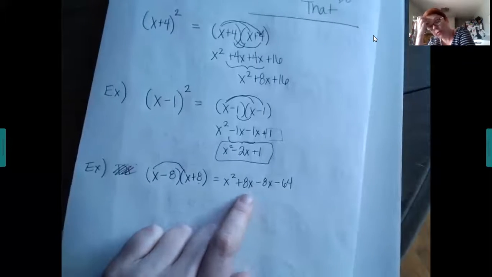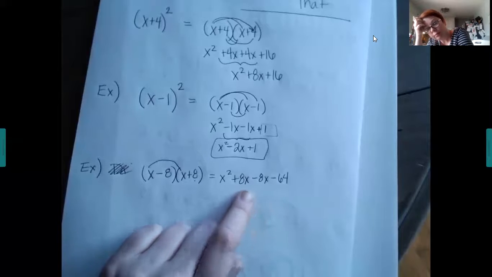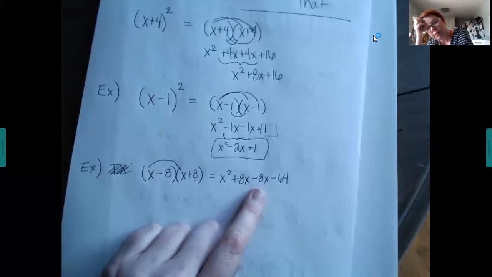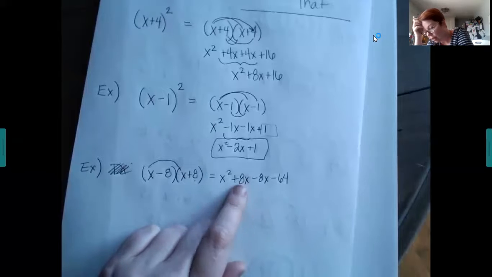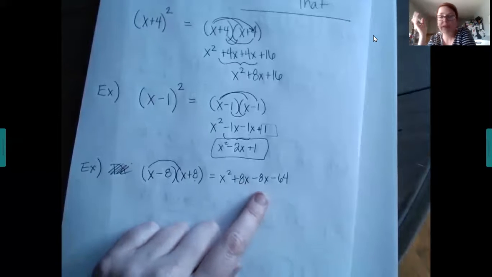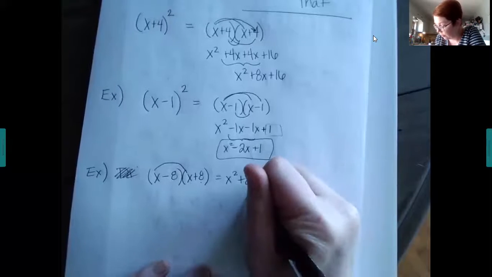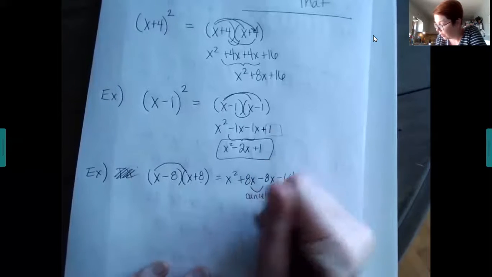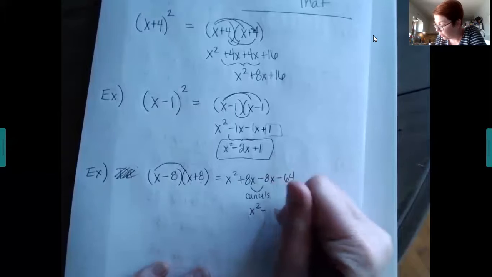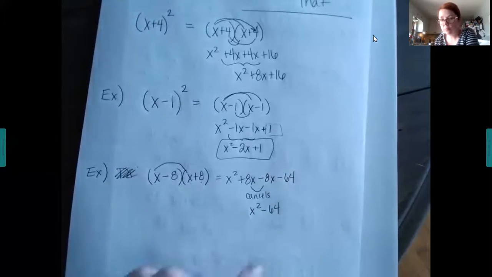And here, once you have the same stuff in the middle, and one's a positive and one's a negative, this is when they cancel out, right? 8 minus 8 is 0. 0 times x is still 0. So don't write 0x. It's just gone. So this cancels. So we have x squared minus 64.